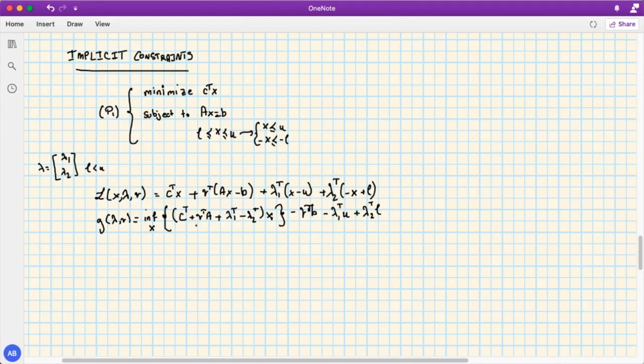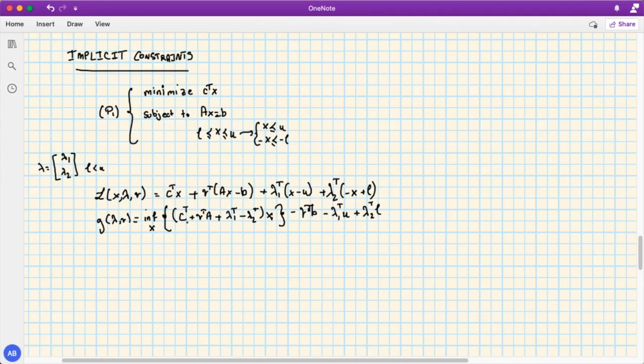Now taking a look at this infimum, we can pull it down to minus infinity, but we don't care about that. We care about the particular case where this whole vector is 0, in which case the infimum becomes 0.